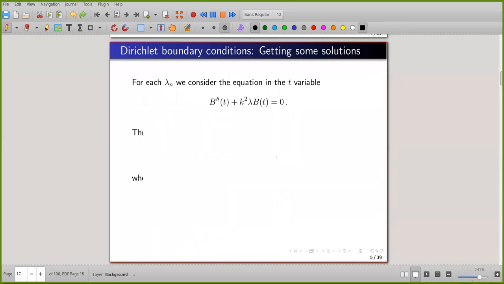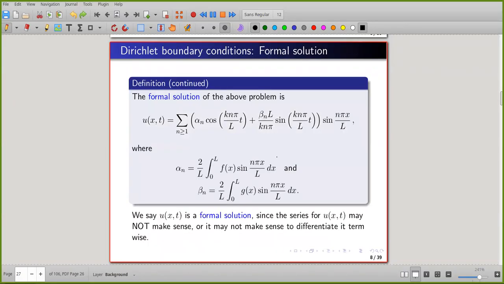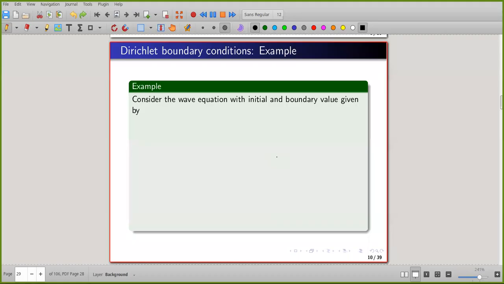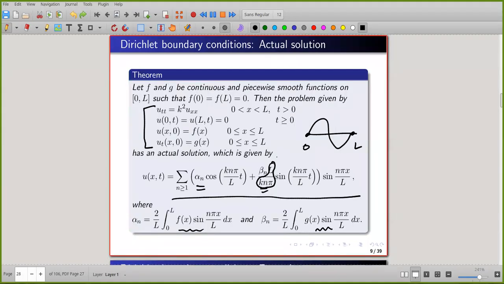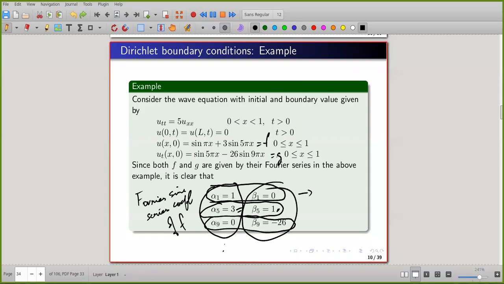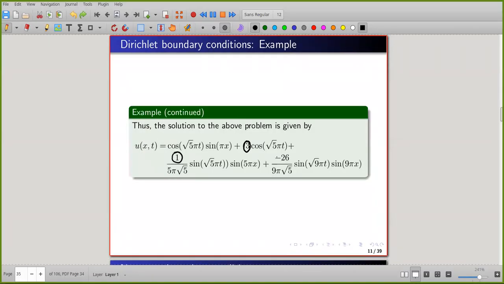I don't know why there is a square root 5, so I'll just check this. 5 is equal to k square. Oh, okay, thank you very much. Yes, you're right. There is a k over here which is giving that. Thank you very much. I'm sorry about that.